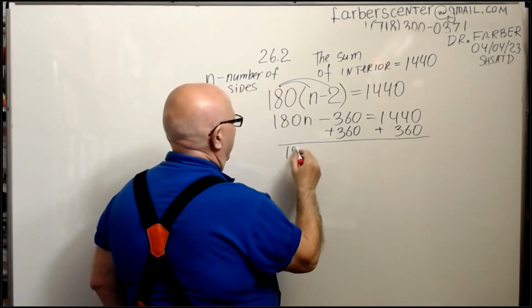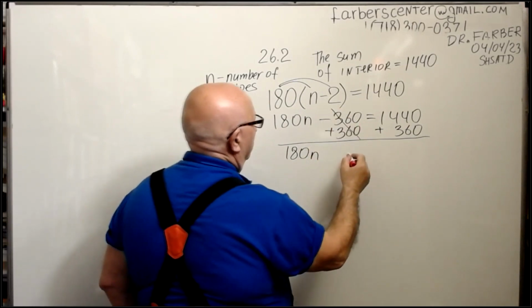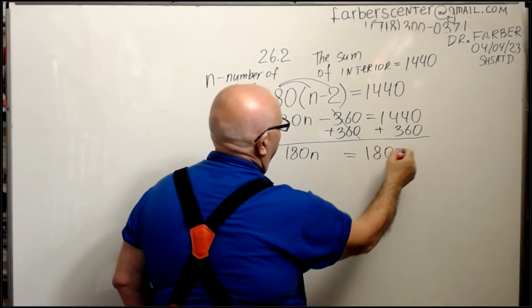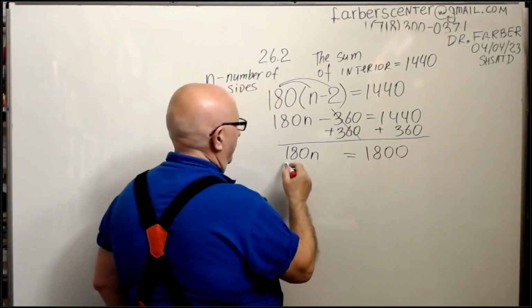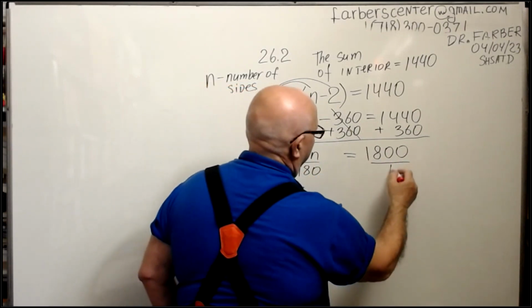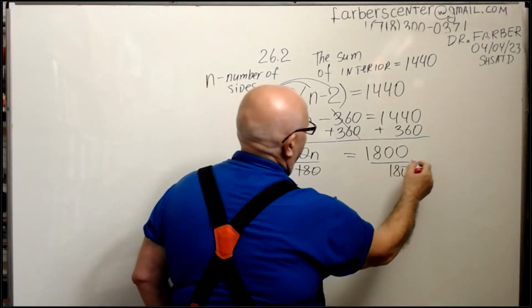Bring down 180n, cross it out, equals 1800. Divide both parts by 180. N equals 10.